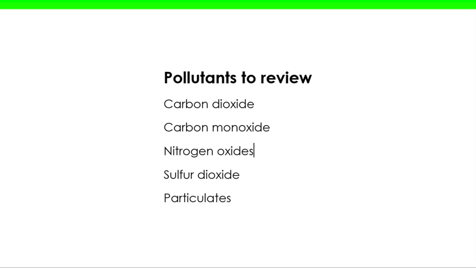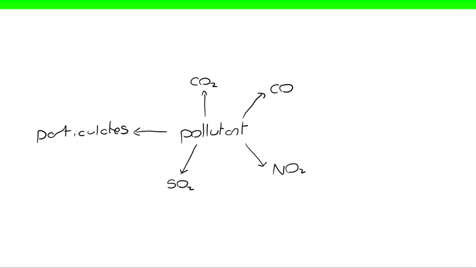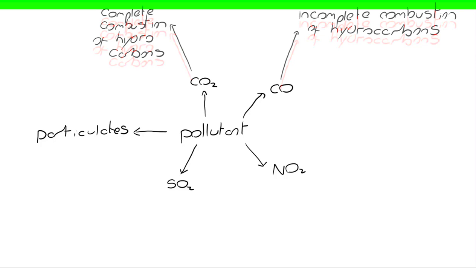So when you're ready, I'm going to start to put together a mind map in the remainder of the video. So I've got my 5 pollutants there in the centre, and I'm going to start to add how they are formed. So carbon dioxide we're familiar with as a product of the complete combustion of hydrocarbons, such as those in crude oil and fuels.